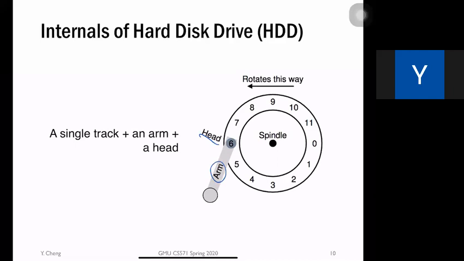Basically, you need to read the data from one of the sectors located on a single track on top of the platter by using the disk head. And if you want to write data to the magnetic film, the data should go through the head as well. And in this particular toy-like example, this platter is spinning counterclockwise. It rotates this way, okay? Counterclockwise.